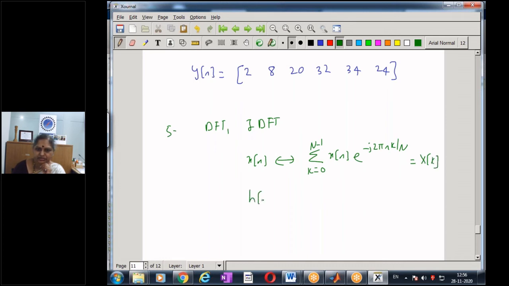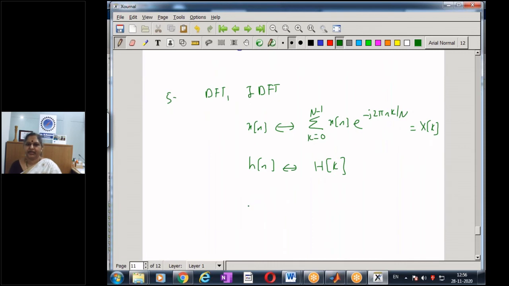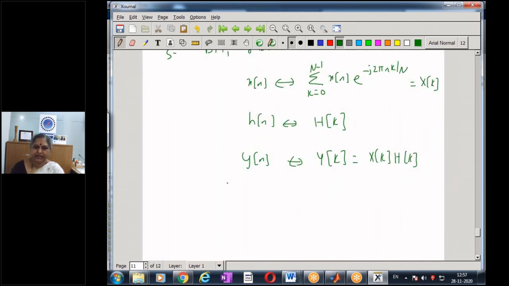Similarly, if h of n has the discrete Fourier transform H of k, then the output y of n has the transform Y of k, given by X of k into H of k. Once I get Y of k, which is a product, I can compute the N-point inverse discrete Fourier transform of Y of k, and that will give me my convolved sequence yn.